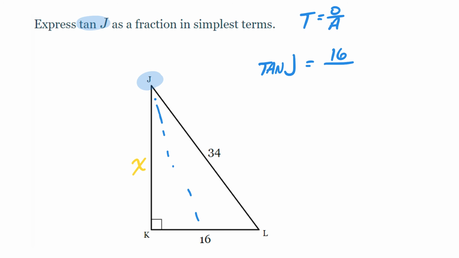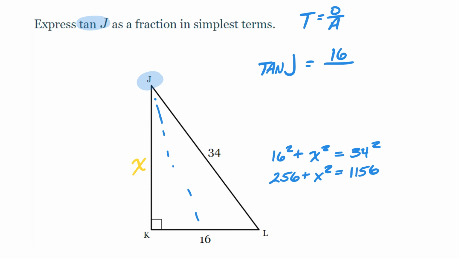So we're going to use Pythagorean's theorem on this. Remember it's leg squared plus leg squared equals the hypotenuse squared. So 16 squared plus the unknown amount squared equals 34 squared. So 34 squared is 1156. 16 squared is 256.